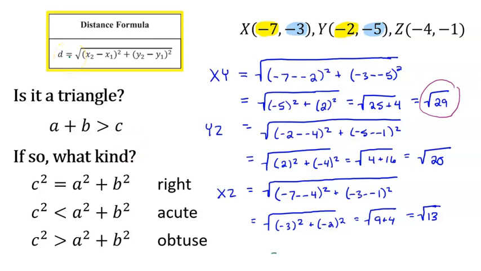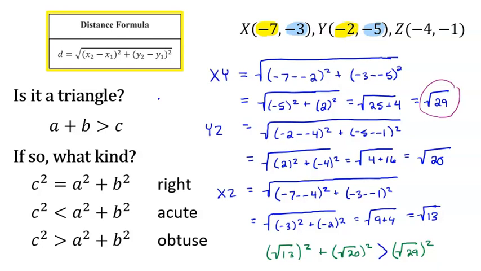So now I'm going to have 13 squared, which is just 13, plus the square root of 20 squared, which is now just 20. And then I'm going to compare that to 29 squared. And so this is obviously going to be larger. 13 plus 20 is going to be more than 29.